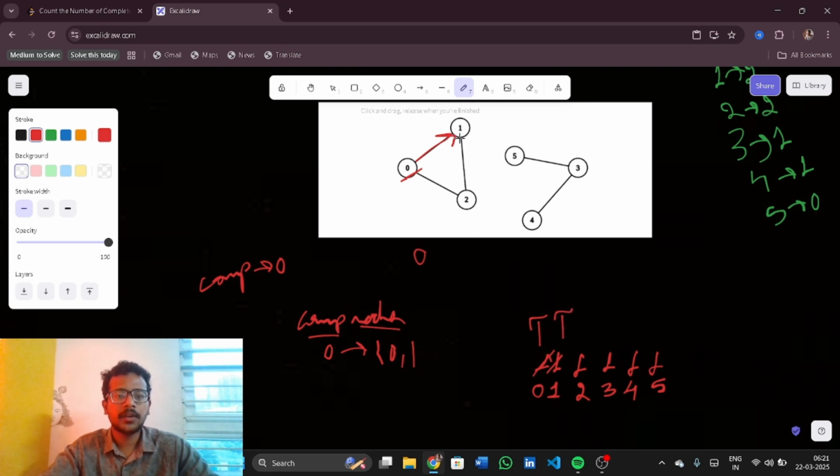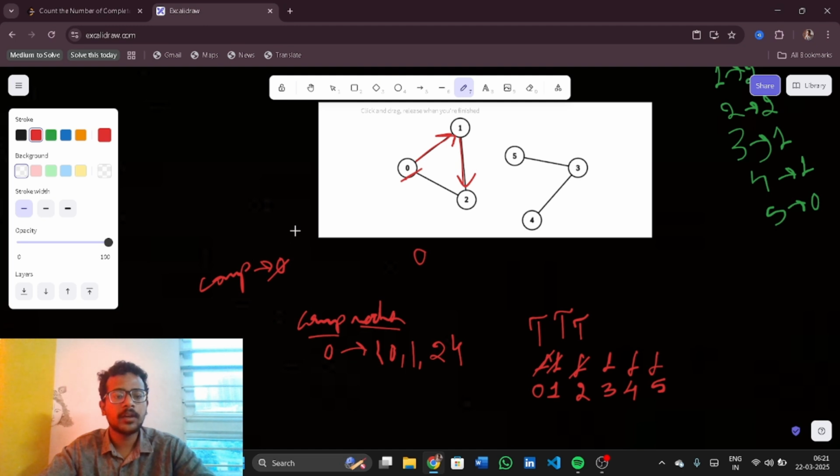Now I get 2, so 2 is pushed back into this component, and 2 is also marked true. There are no other unvisited nodes connected with 2. It is connected with 0, but 0 is already visited, so don't go through that 0. So these are the components.